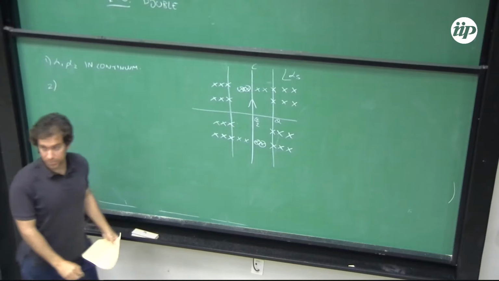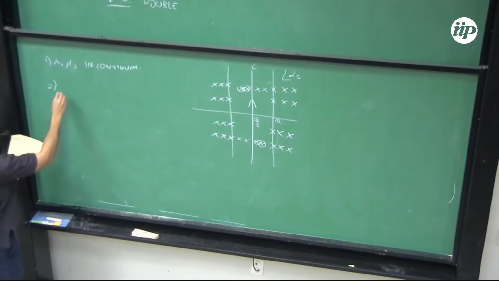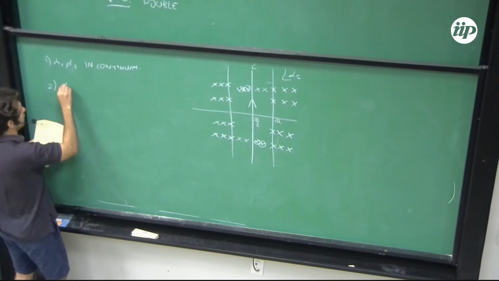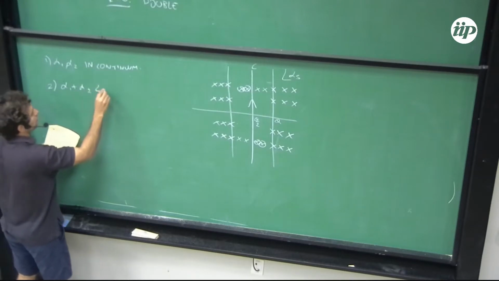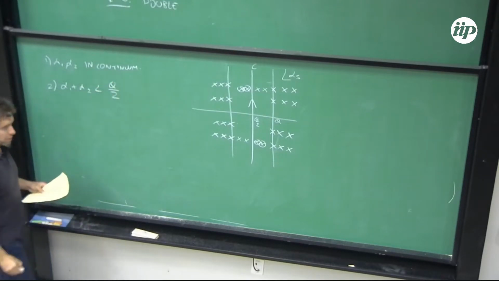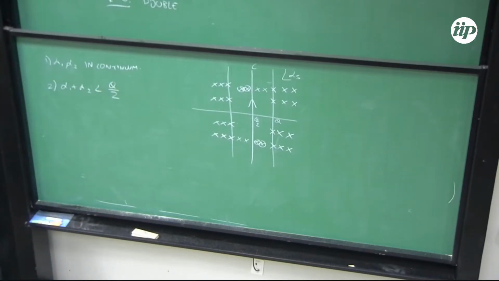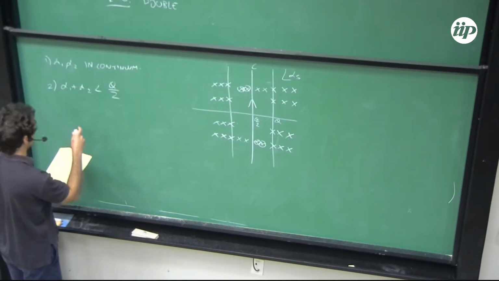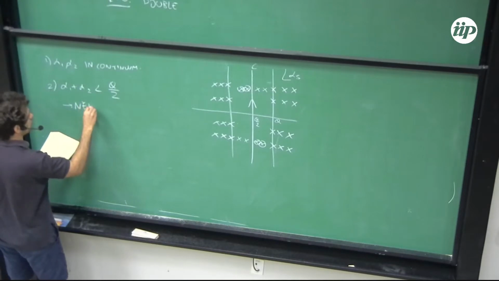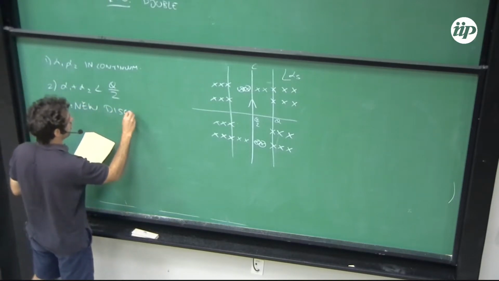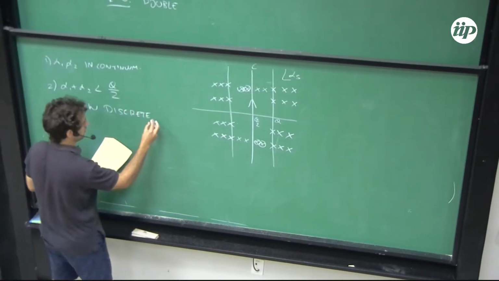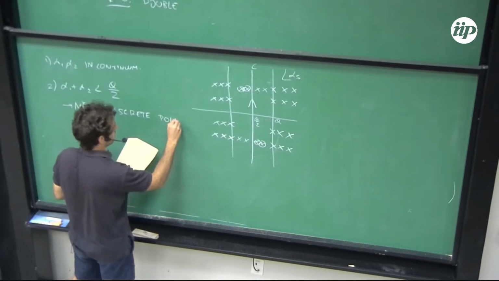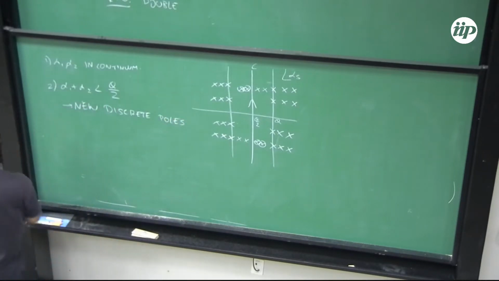And you're going to pick up some discrete set of residues. So this happens when alpha 1 plus alpha 2 becomes less than Q over 2. Right, so they're both real, and then they cross this line. And so you pick up these poles. So you have discrete representation poles. And so this equation gets supplemented by a finite sum over some number of poles.